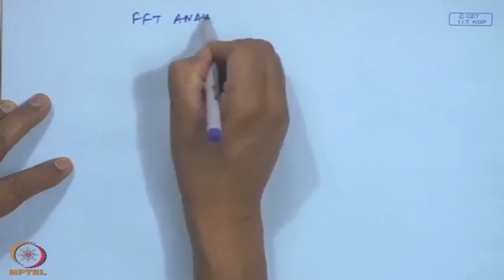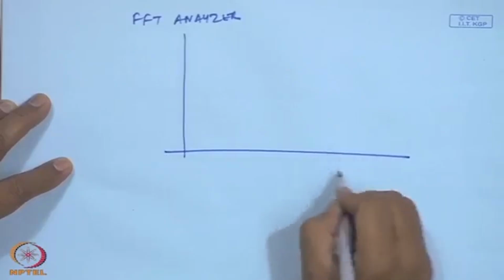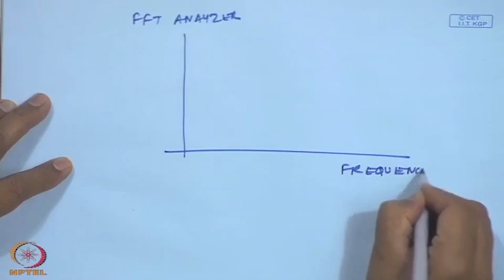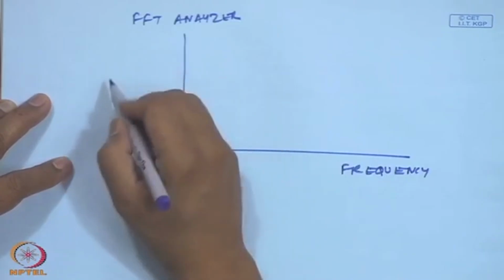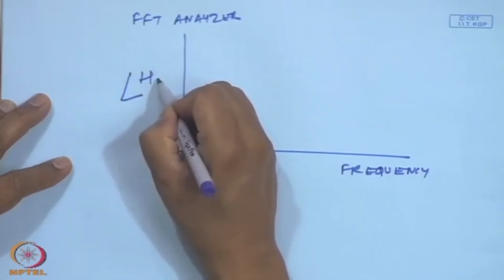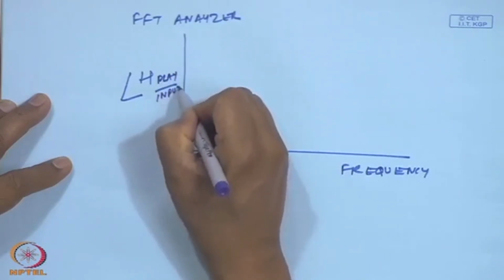If you have an FFT analyzer, you can also see the phase response, so the phase of the transfer function between the playback and the input.